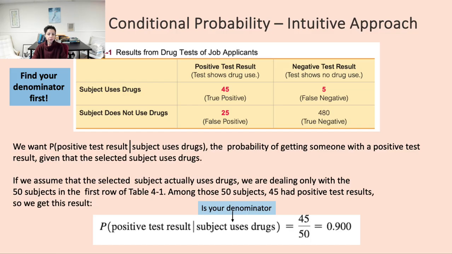That number in the numerator over 50 gives us our 0.900. It's the same value that we got with the formal approach. So when we look at this conditional probability, this is our starting condition. That is our denominator. And the other value is then going to be our numerator. And that gives us our conditional probability.